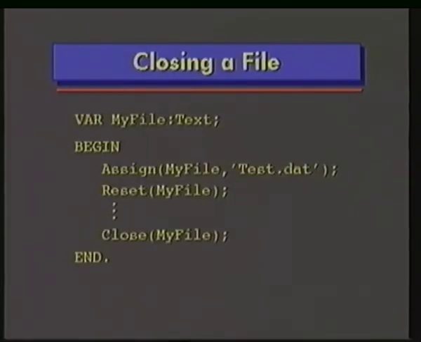Pascal provides the close procedure for closing a file. And although Turbo Pascal automatically closes all open text files when a program is terminated, good programming practice suggests that we shouldn't rely on the compiler to do our jobs for us. We should always explicitly close files that we open. Once we open a file, we generally want to read from it or write to it.